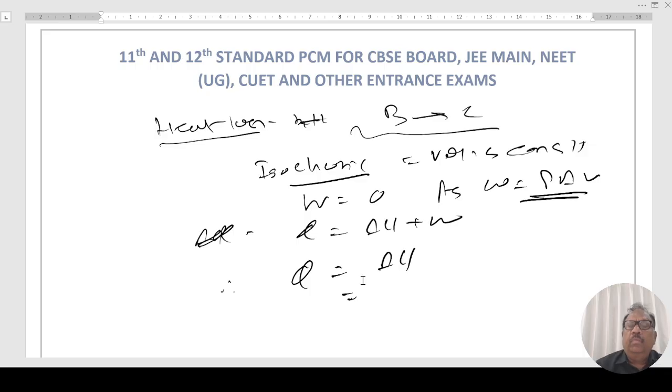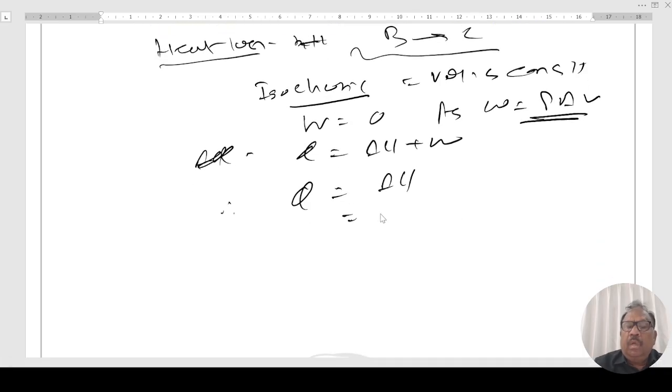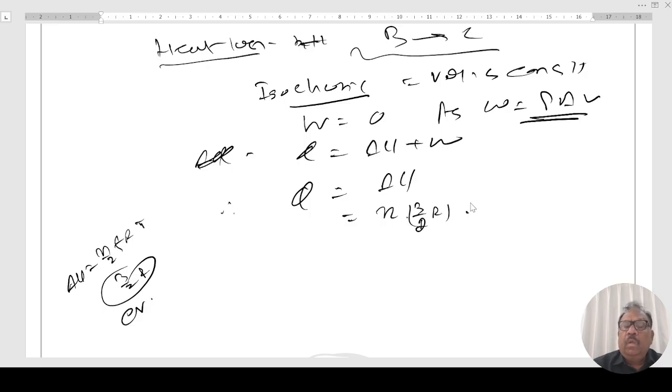Delta U is given by n f by 2 R delta T. The degree of freedom in monoatomic gas is 3, so 3 by 2 R. This is Cv. So n into 3 by 2 R into temperature difference, Tb minus Tc.